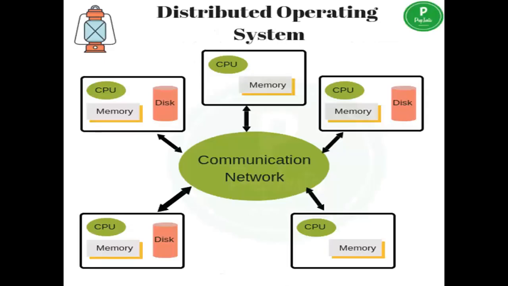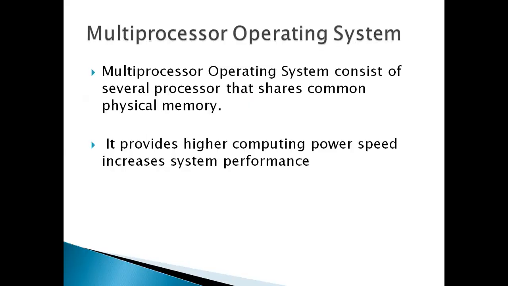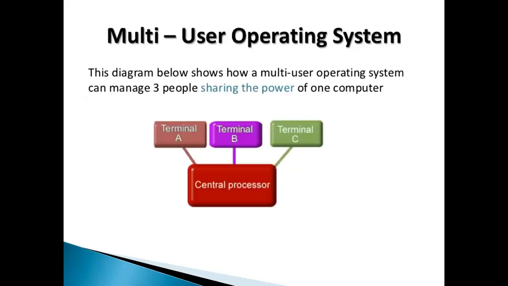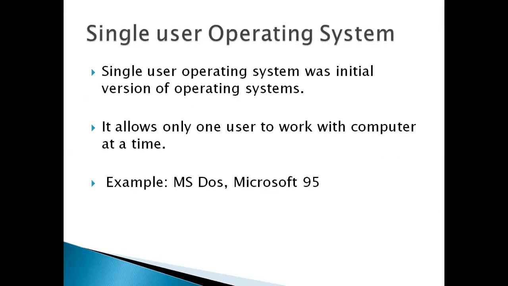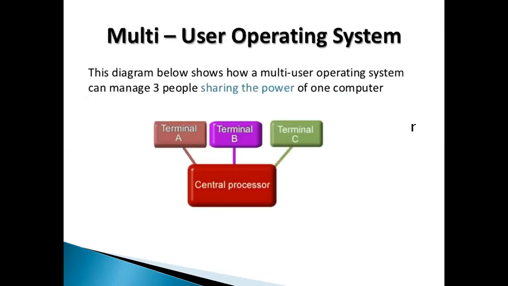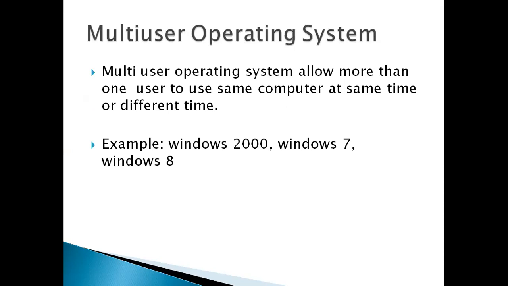Okay, so coming back to the types, once more we are going to just revise this. Types of operating system: single user operating system. Initial version allows only one user to work with the computer at a time. Multi-user operating system, your users are multiple, but the system is used by them at a time.